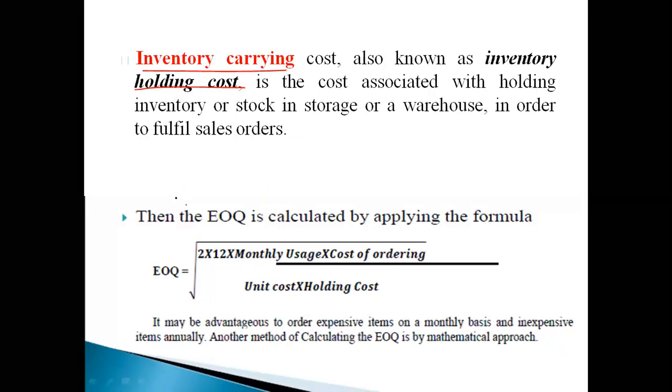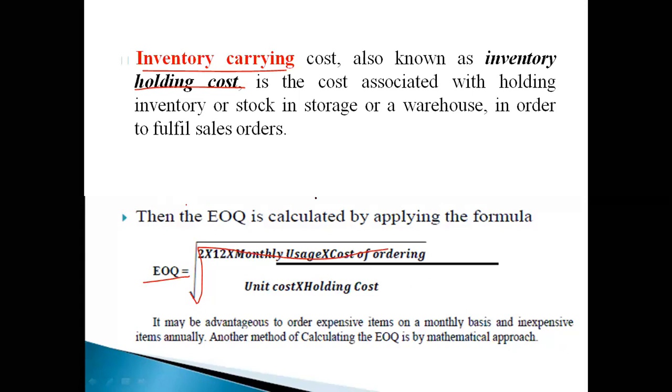This is a formula related with the EOQ. EOQ is equal to the square root of 2 into 12 into monthly usage into cost of ordering, divided by unit cost into holding cost.